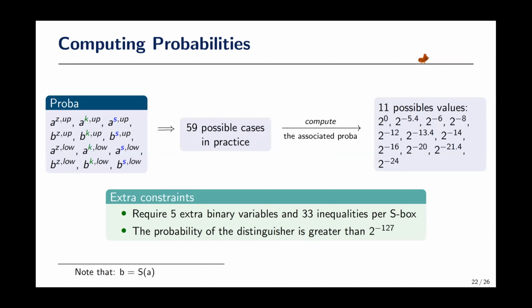We were able to include the probability in our model by adding 5 binary variables and 33 inequalities for each case. We also add an extra constraint to ensure that the probability of the distinguisher is greater than 2 to the minus 127. And that's all.